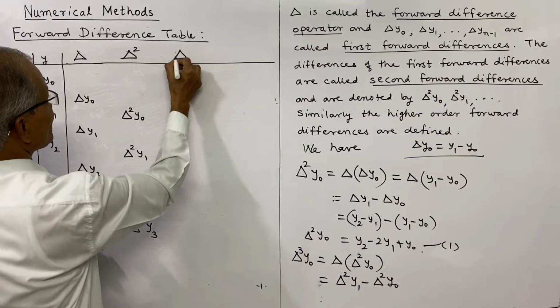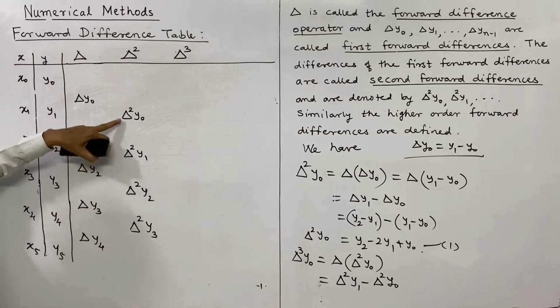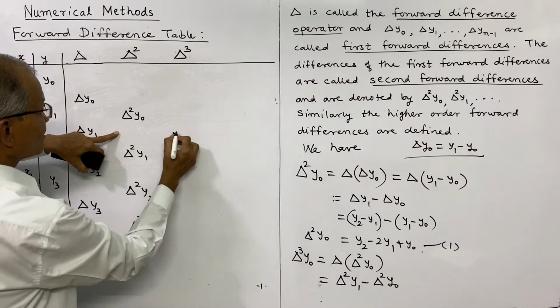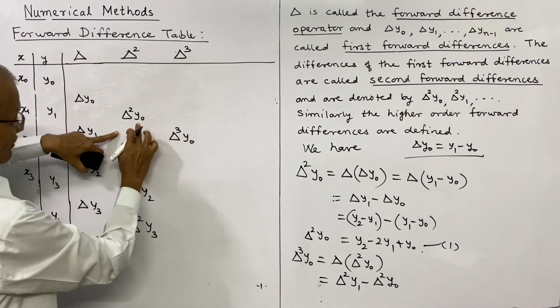Then we will consider delta cube. Delta cube will be the difference between these two. This will be delta cube at y0 first.